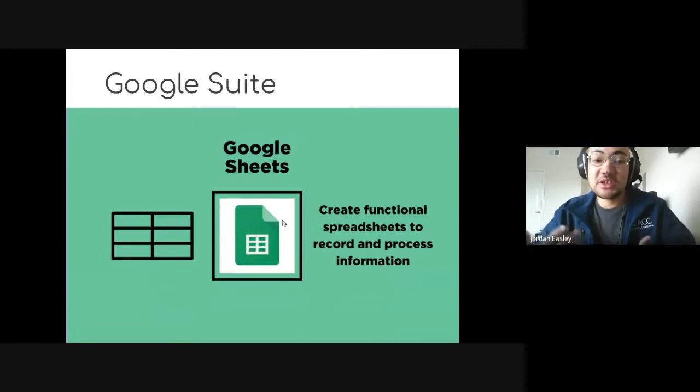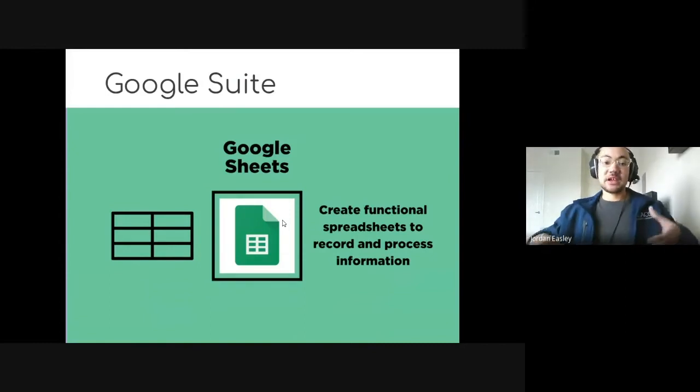As you can see here, Google Sheets is essentially for creating spreadsheets, which is just a way to record and process information. That is the baseline foundation for what you can do, and there's surprisingly a lot of creativity. You can build up from there.